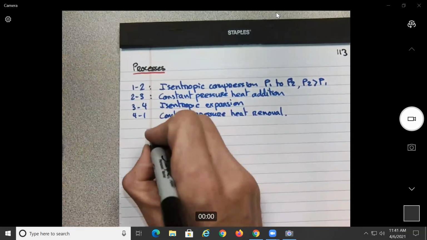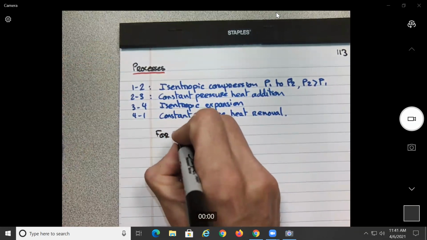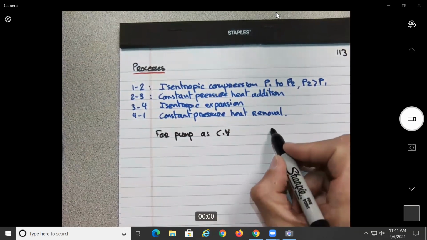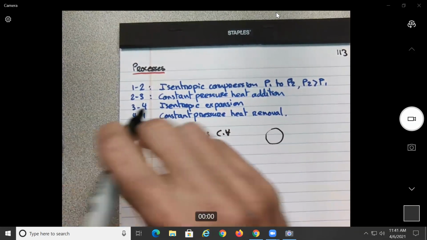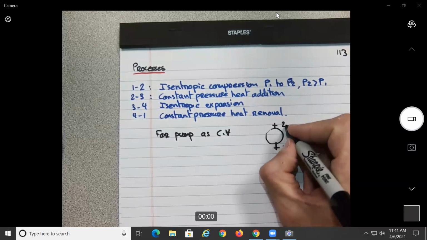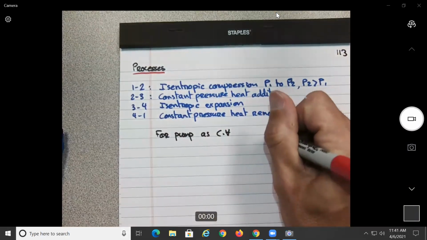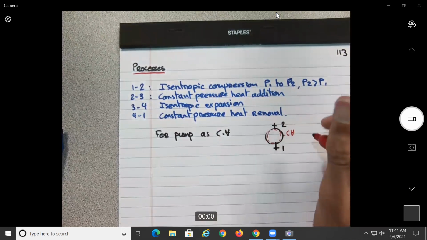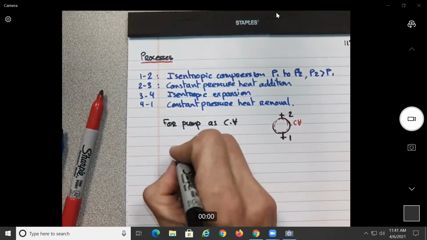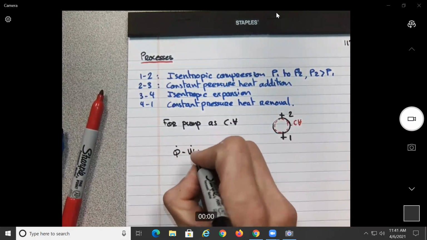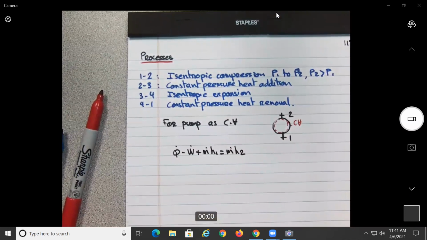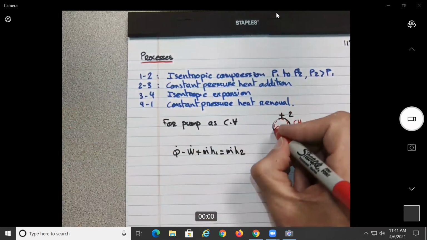So let's say for the pump as control volume, 1, 2, pump as our control volume, and we write down the first principle of thermodynamics. What will you have? Q dot minus power dot plus M dot H1 should be equal to M dot H2, no?